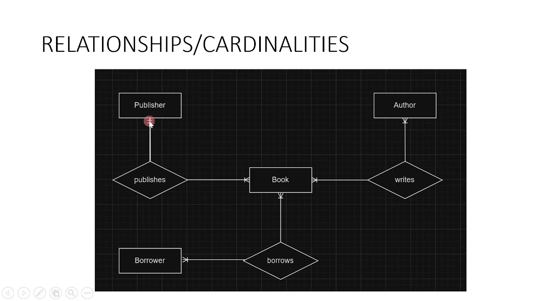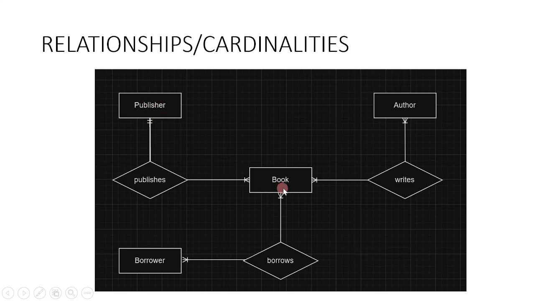A book could be published by one and only one publisher, so far as I know. But if it is possible that a book could be published by one or more, we could have one or many. As of now, one or many books are published by one and only one publisher.